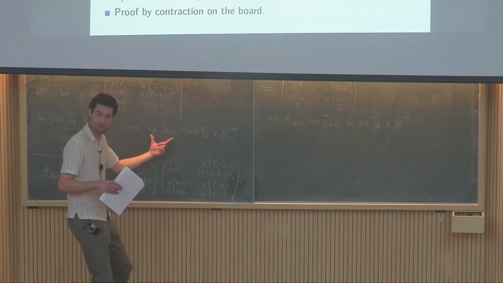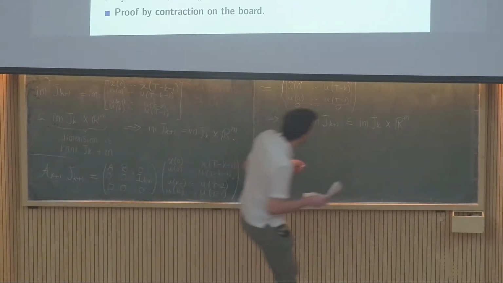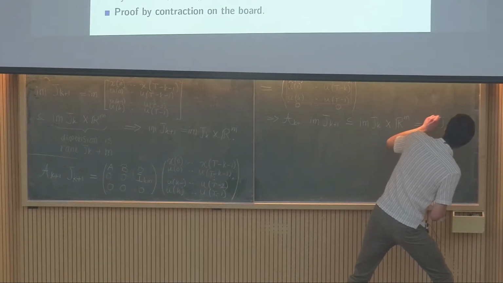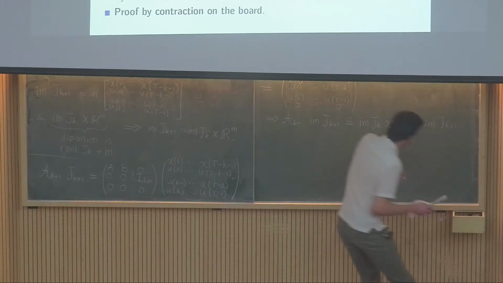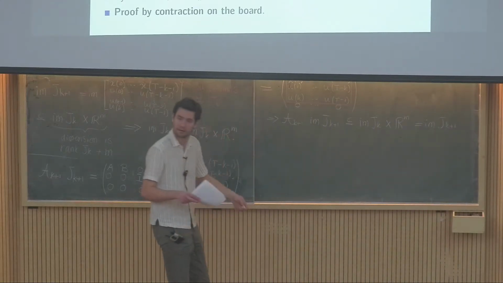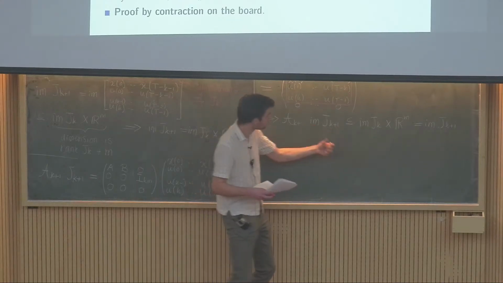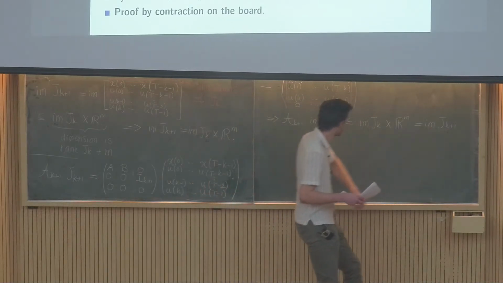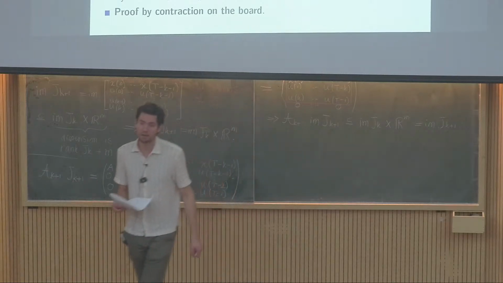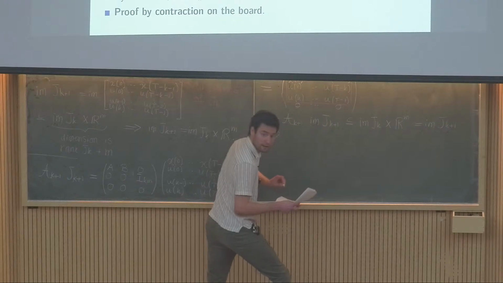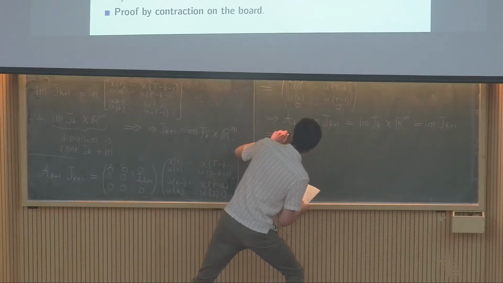Because that was the image of JK plus 1. Great. So this is the image of JK plus 1. AK plus 1 times the image of JK plus 1 is contained in the image of JK plus 1. In other words, image of JK plus 1 is AK plus 1 invariant.